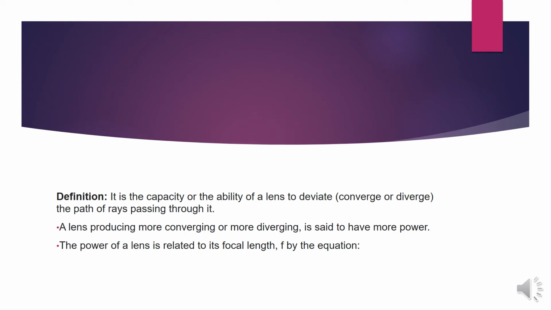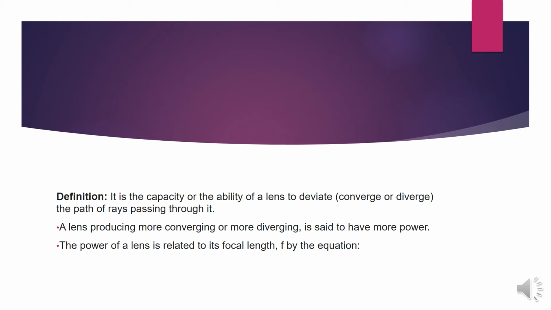After refraction through the lens, either they can converge, they can come closer to each other to meet, or they can go away from each other, they can diverge. So that capability of the lens is its power. A lens producing more converging or more diverging is said to have more power.